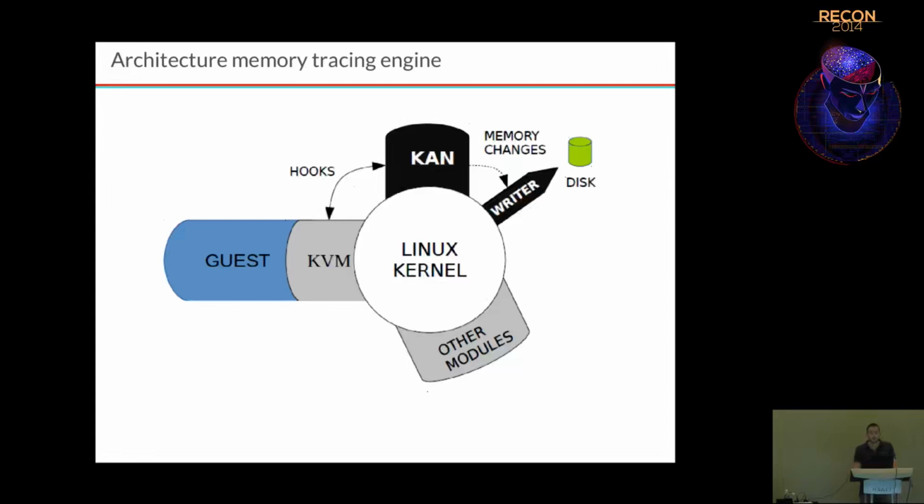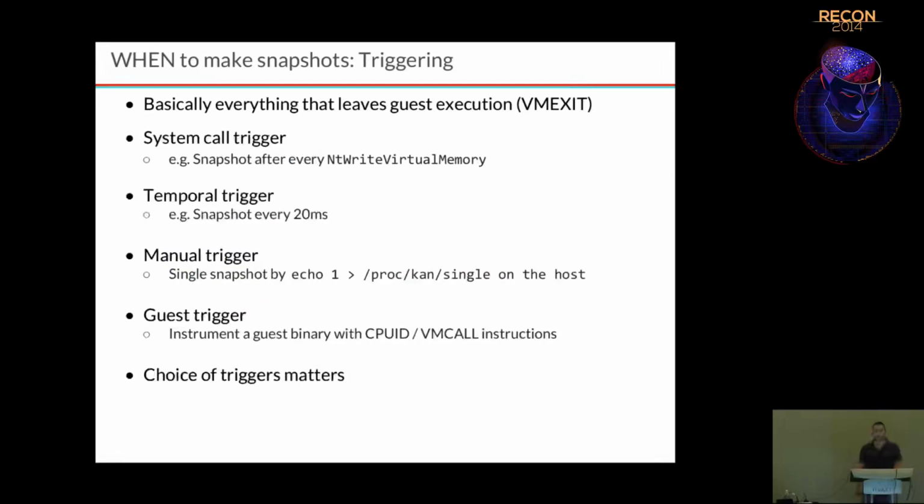It's implemented as a kernel module, and so is our recorder, named CAN here. So our recorder hooks itself at runtime to core functions of KVM in order to intercept the running guest and in order to get its memory. Another component here is our writer. I will explain it in a later slide, but basically it writes everything to disk for now.